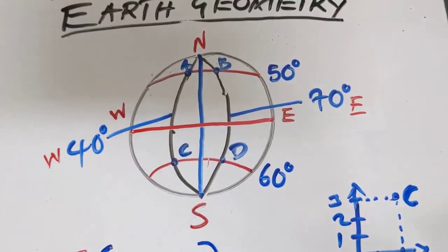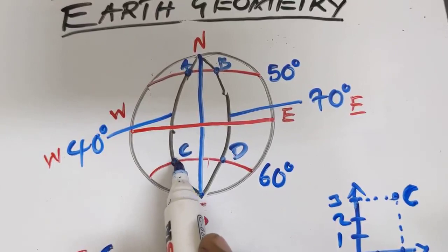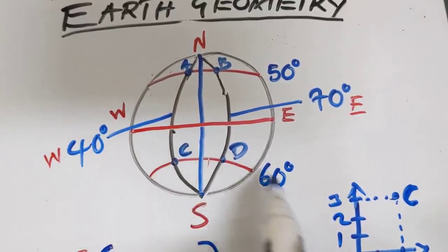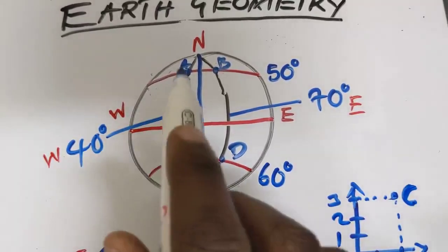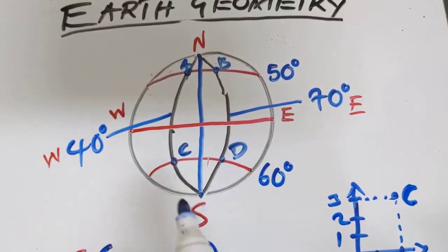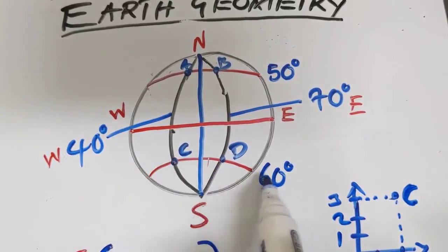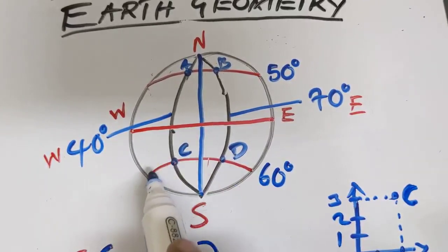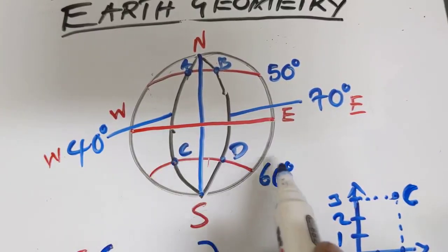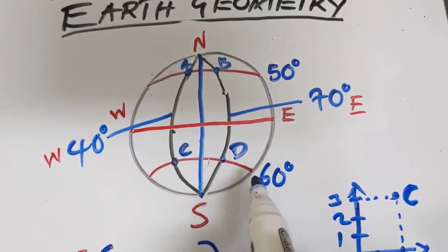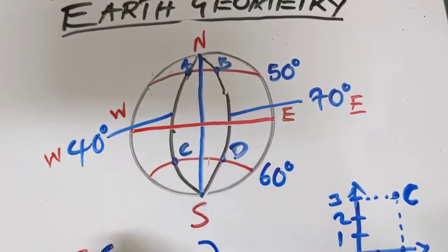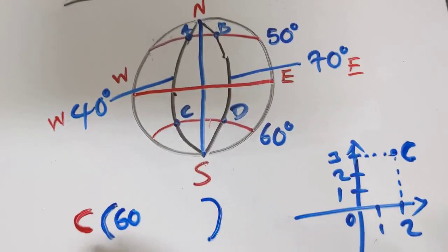So C is at what? We start with the latitude, then we go to the longitude. So C, it is in which latitude? This is what we call a latitude. C is in 60 latitude. It is in 60 as the latitude, like that.